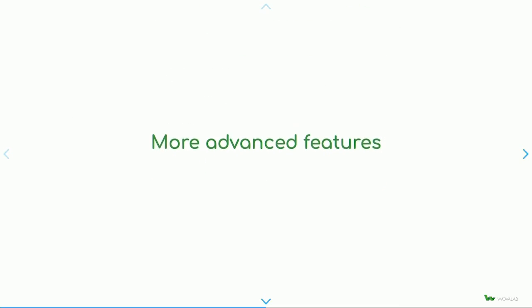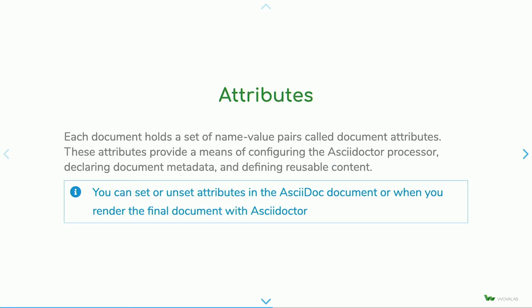We have more advanced features in the Asciidoc syntax. You can have attributes. Attributes are name-value pairs you can use to configure your Asciidoctor processor or to define reusable content.